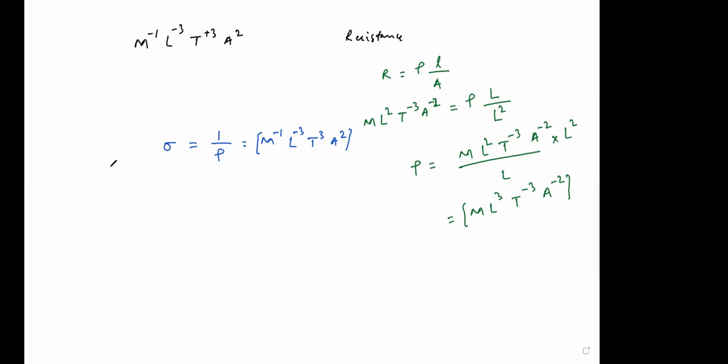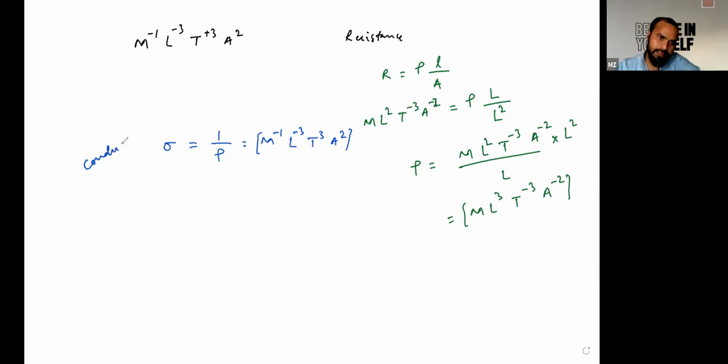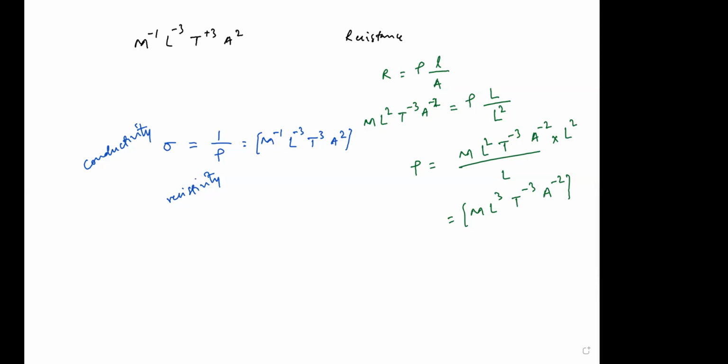So this sigma is conductivity, or electrical conductivity, and this rho is resistivity, or electrical resistivity. Any more doubt?